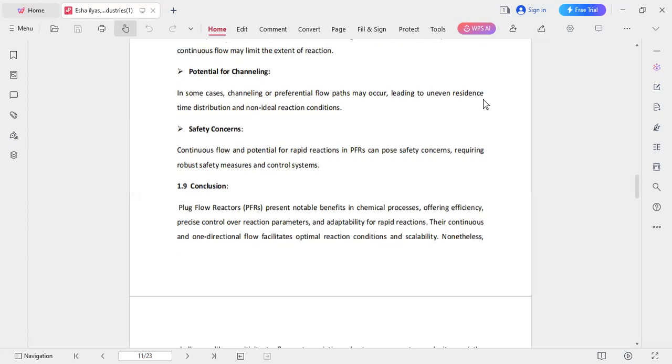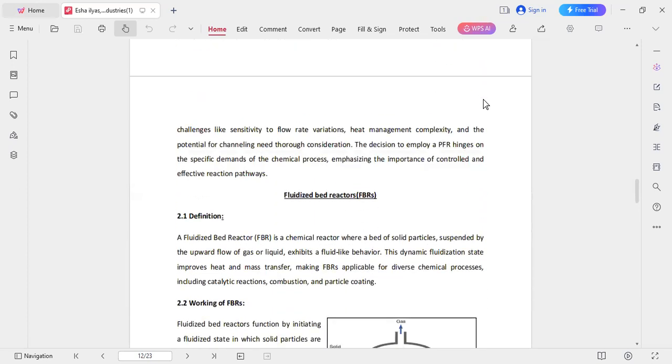Nonetheless, challenges like sensitivity to flow rate variations, heat management complexity, and the potential for channeling need thorough consideration. The decision to employ a plug flow reactor hinges on the specific demands of the chemical process, emphasizing the importance of controlled and effective reaction pathways.